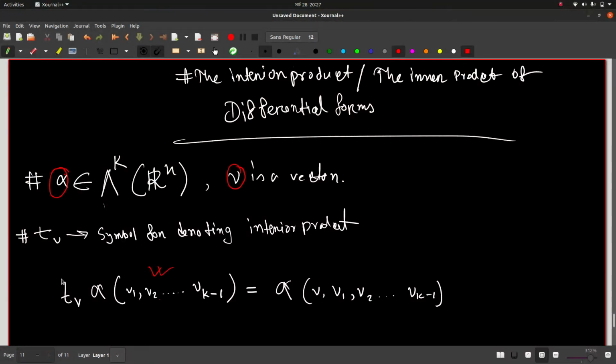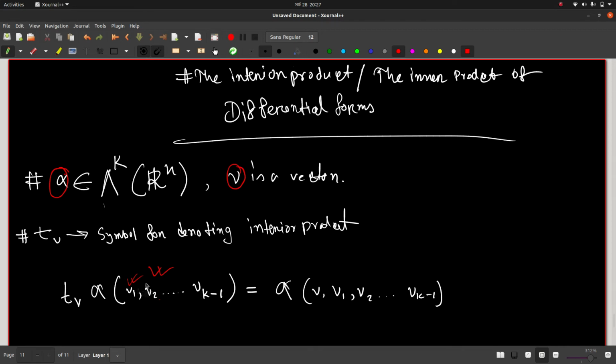Now when we are saying that I want the interior product with respect to v, which I denoted with i_v, then what it does is that it gets rid of this v1, that means the dummy vector that was there, and it puts that v on the first slot. Or you can think of it as it just creates a new slot and puts v inside it.